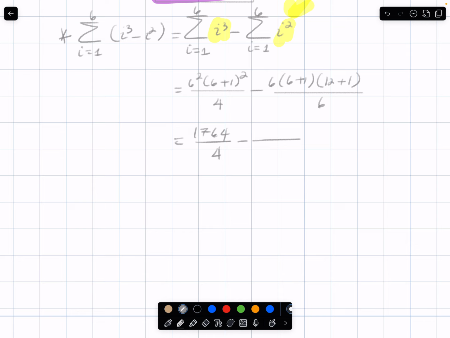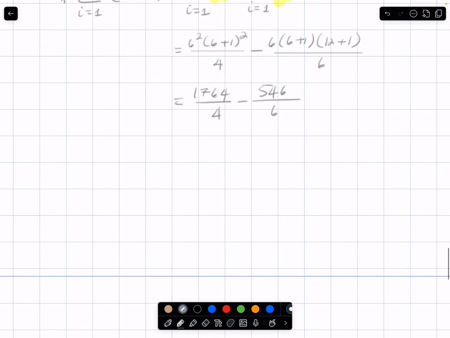Okay. So 546 over 6, and then we find a common denominator, which will be, I guess, 24, and then you do all that, and then you get 355. Okay.